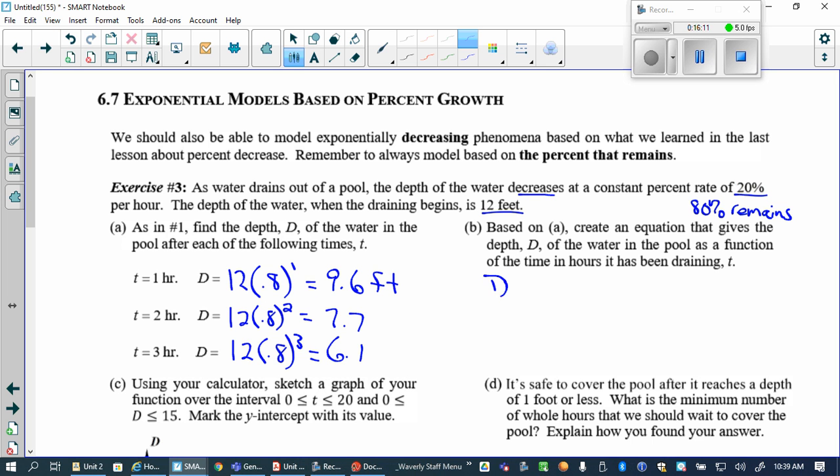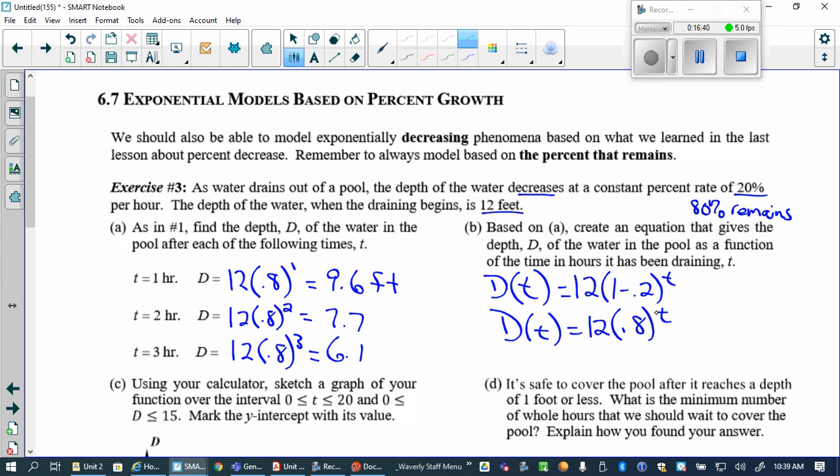Depth of the pool as a function of t, time in hours, equals, what was our starting amount? Y-intercept? 12 times 1 minus 0.2 to the t, but I just want to show you that 12 times 0.8 to the t. You know where the 0.8 comes from.